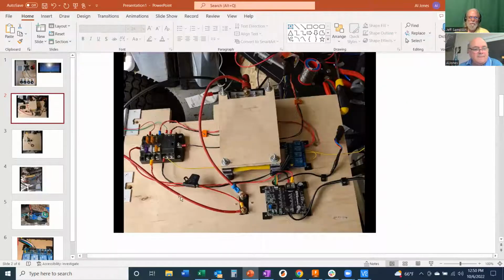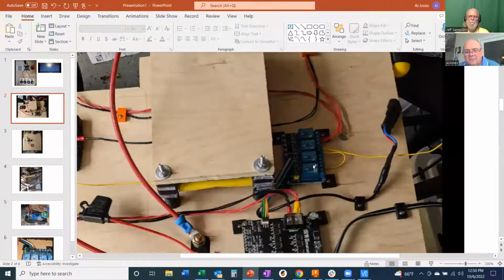Other things just to mention physically, this is what the underside of my board is looking like for power. What to point out, I've added a 4 point relay deal there.